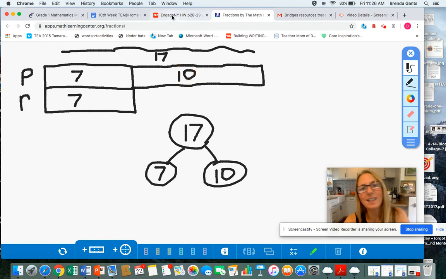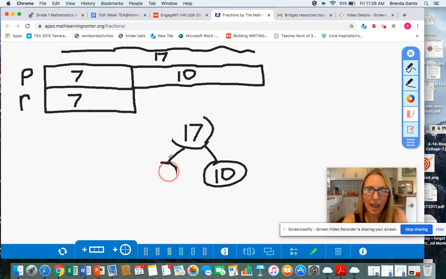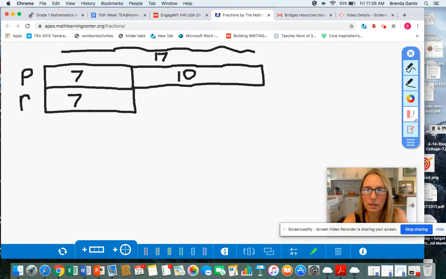So the question asks this. It says, there were 7 kids reading and 17 kids playing. How many fewer students were reading? How many fewer? So fewer means less. We know there were less kids that were reading, but how many less? Let's see if we could write a number sentence to go with that.